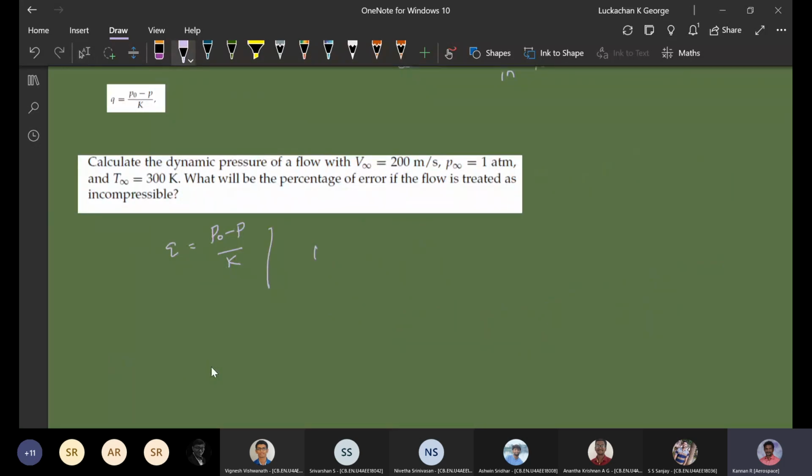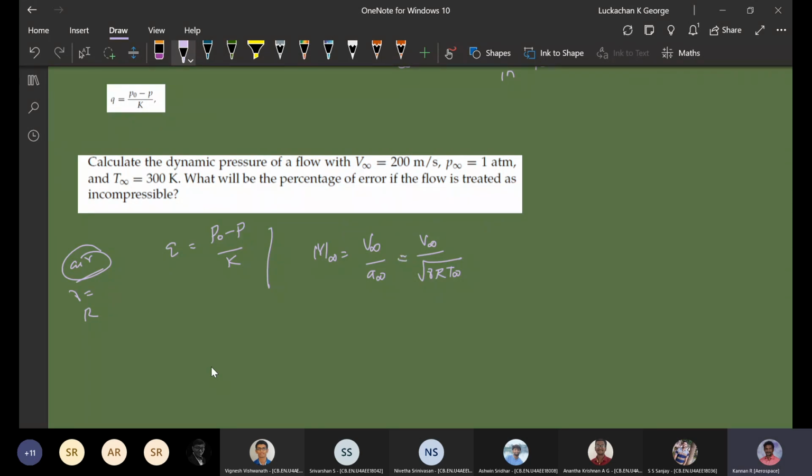Your Mach number is nothing but V infinity by A infinity, so V infinity divided by square root of gamma R T infinity. I told you the gamma value. Here you treat the fluid as air. What is the gamma value? What is the R value? You have to keep it in mind.